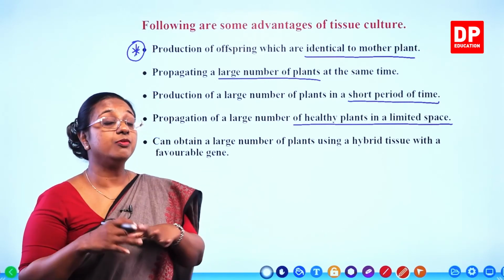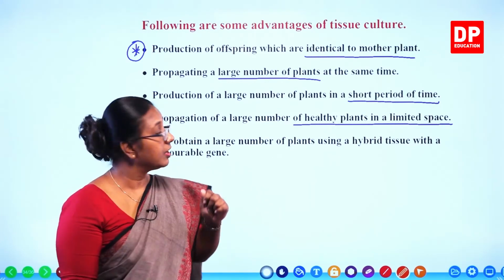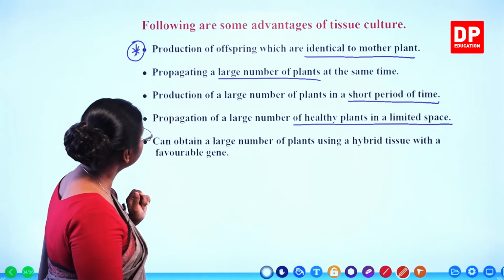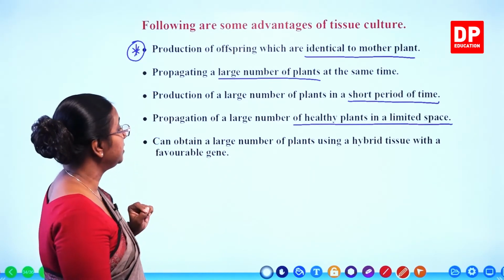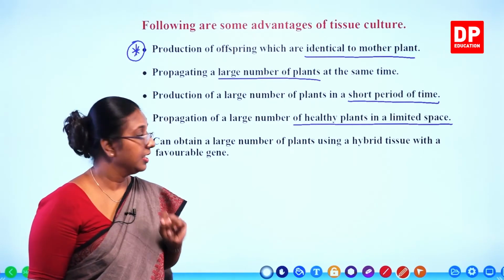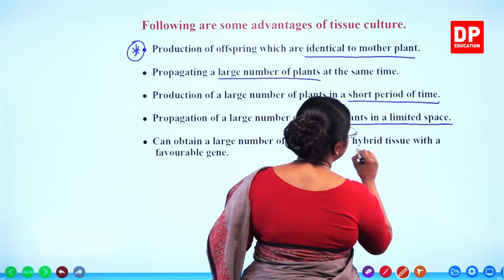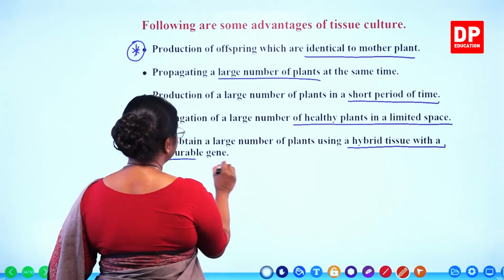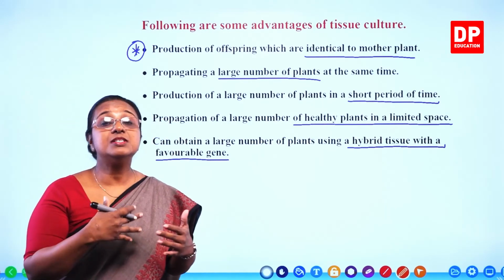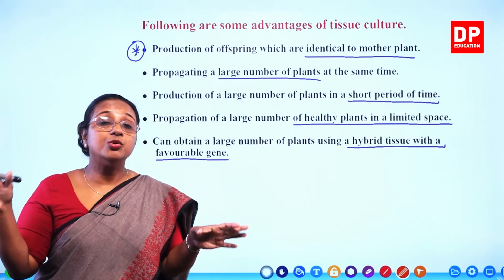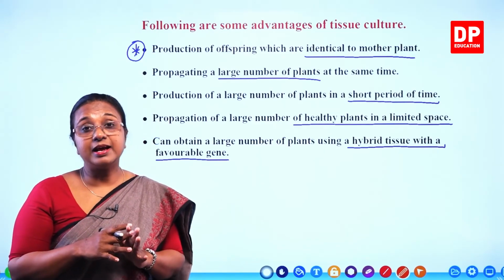Within the lab, you can produce a very large number of plants and can obtain a large number of plants using a hybrid tissue with a favorable gene. That is very important. What are hybrid tissues? From similar species, you can select two plants with desirable characteristics.